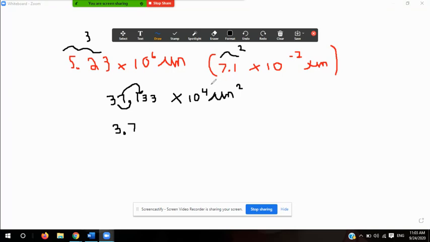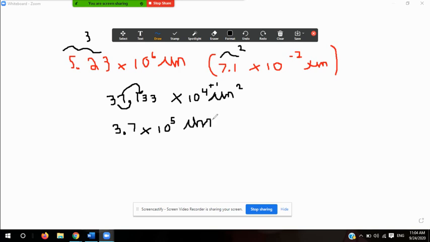Since I'm moving it from right to left, I'm going to add 1 to this exponent. So my final answer for this problem is 3.7 times 10 to the power of 5, because I only need 2 significant digits and I moved my decimal point from right to left, and of course, micrometers squared. And that's pretty much it for that one.